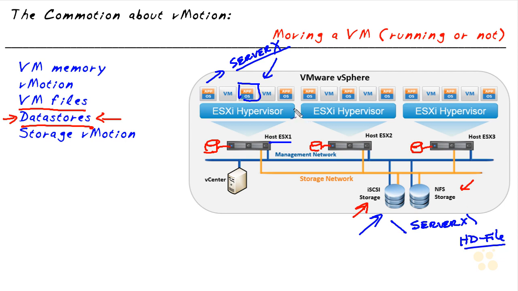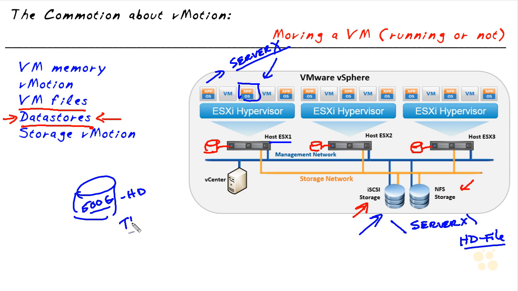So from the virtual machine's perspective, it might think that it has a 500 gigabyte hard drive. But in reality, that hard drive is being represented by one or more files on the data store. So server X is blissfully unaware of those details. It just thinks it has a hard drive. It makes read and write requests to that hard drive. And the hypervisor is the actual device that's writing to and from the data store on behalf of the virtual machine.